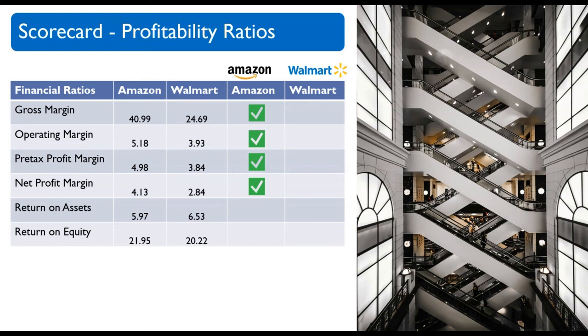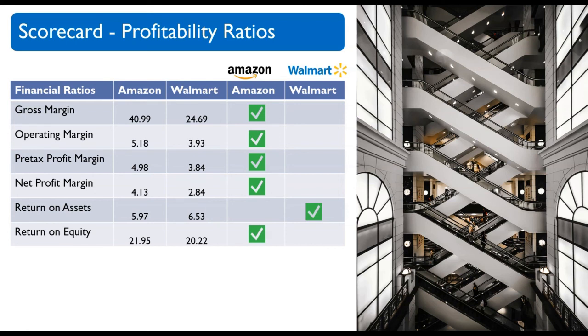This came up to 5.97 for Amazon, but 6.53 for Walmart. So Walmart has a better return on assets. And last, we calculated the return on equity, which came up to 21.95 versus 20.22 for Walmart. So in this case, Amazon had a slight advantage with its return on equity.